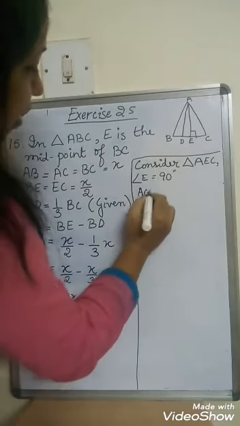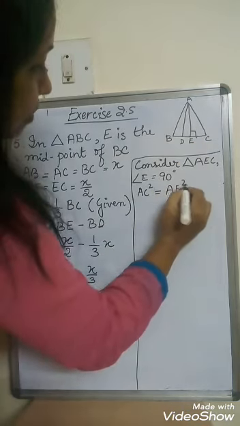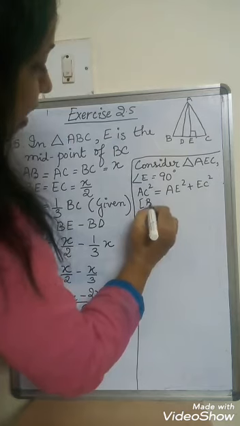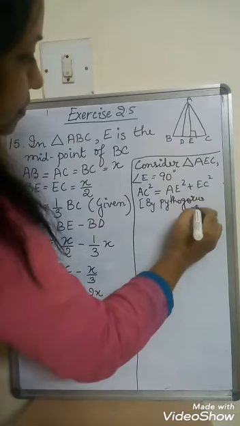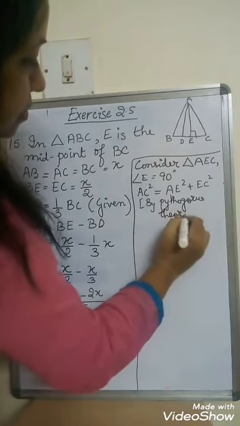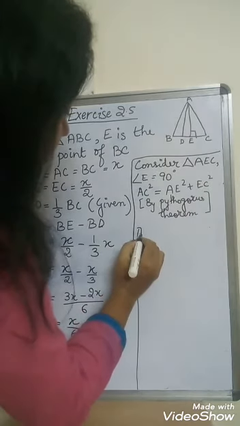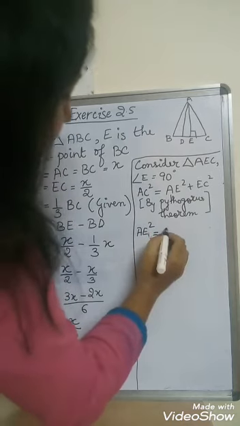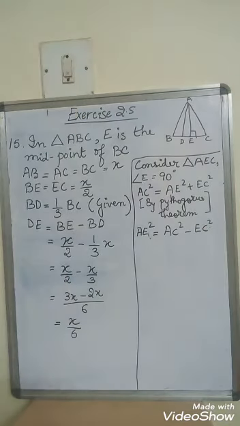AC square is equal to AE square plus EC square. How did we get it? By Pythagoras theorem. Before putting the values, we have to find AE square. So AE square will be AC square minus EC square.